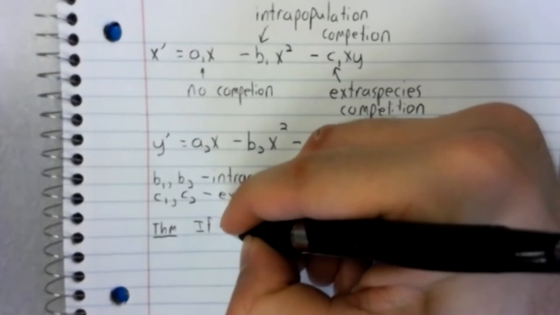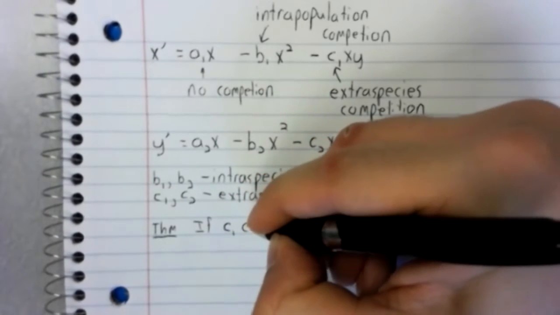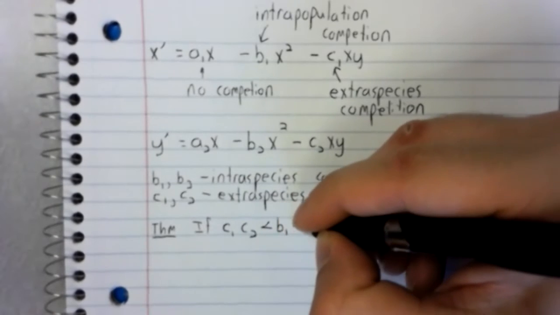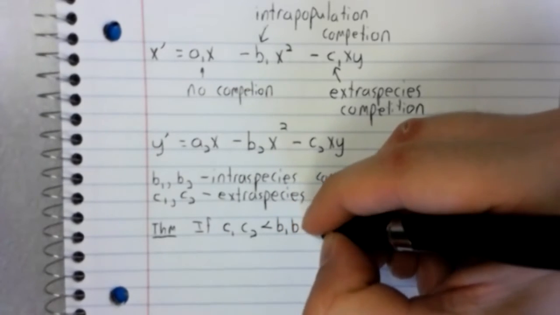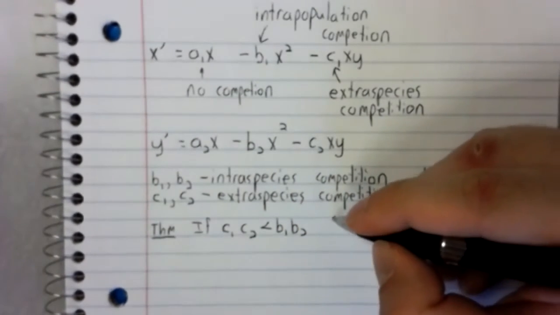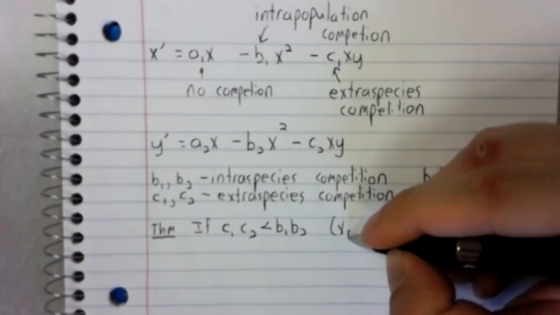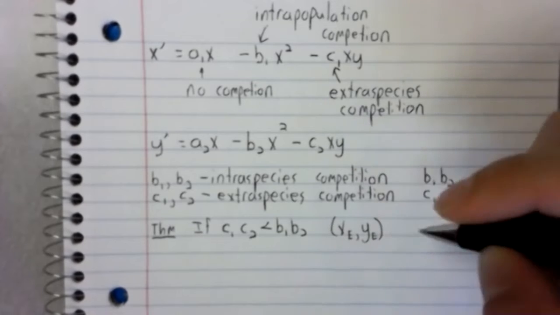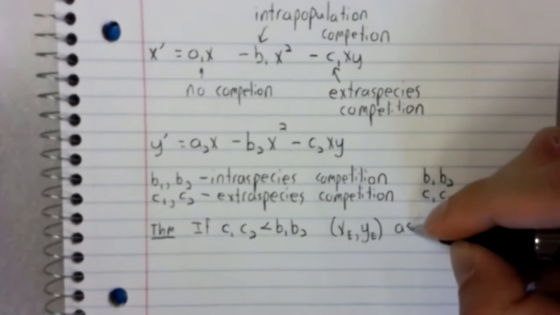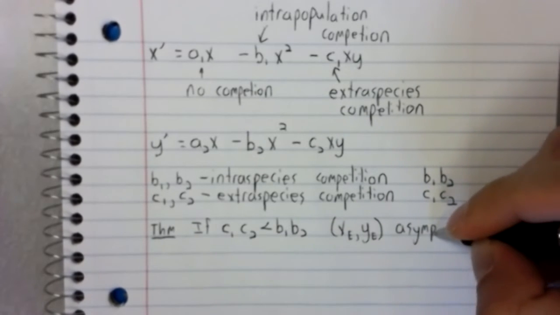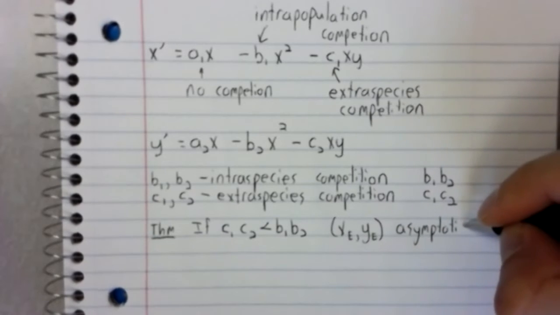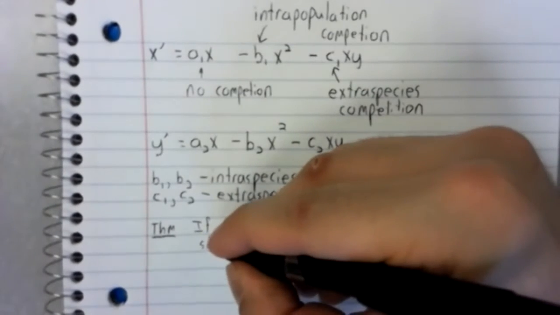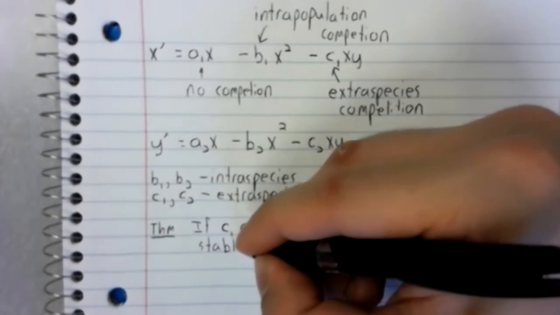If C1, C2 is less than B1, B2, the fixed point X sub E, Y sub E is asymptotically stable.